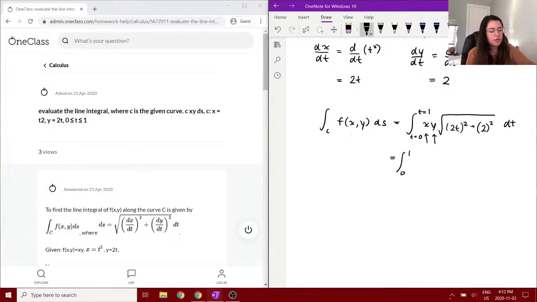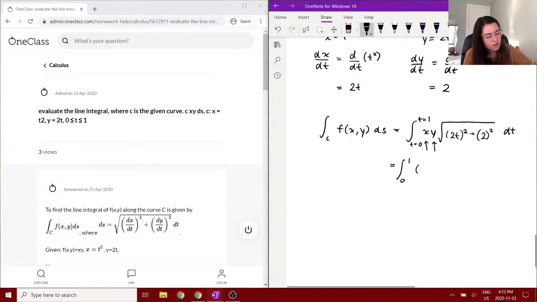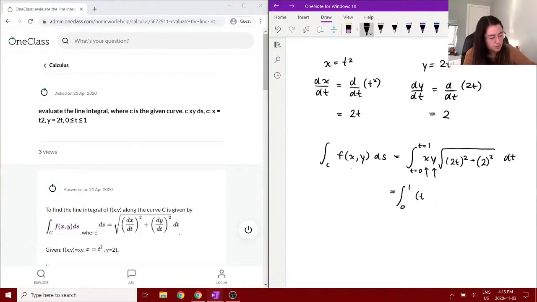I'll just write 1 and 0. And we also have, remember, x is equal to t squared, and y is equal to 2t. I'm also going to expand this portion here. So we have 4t squared plus 4 by dt.